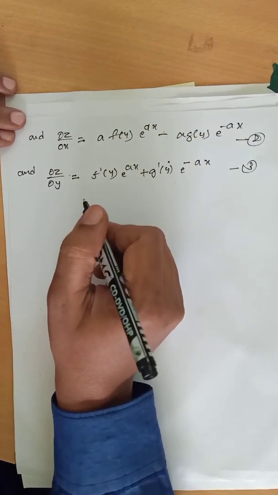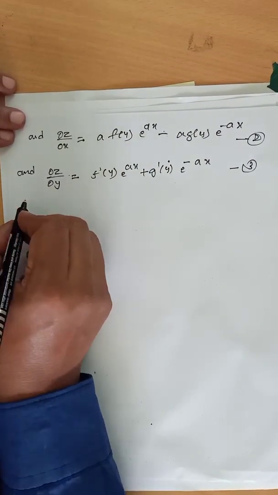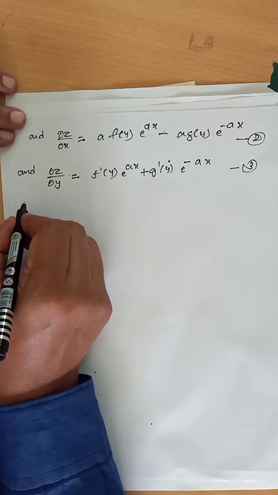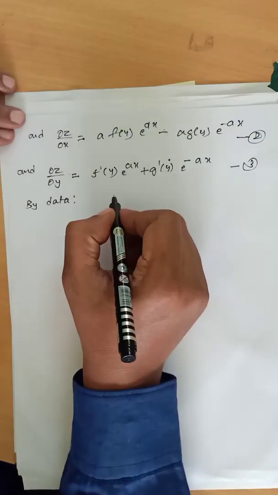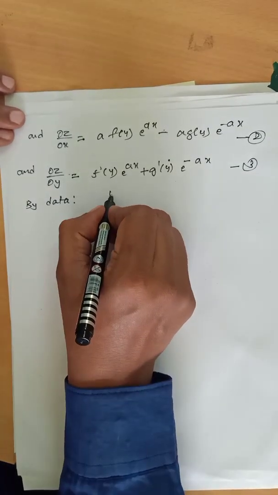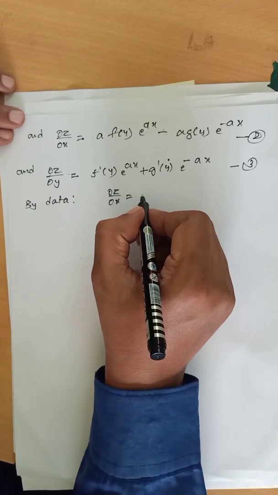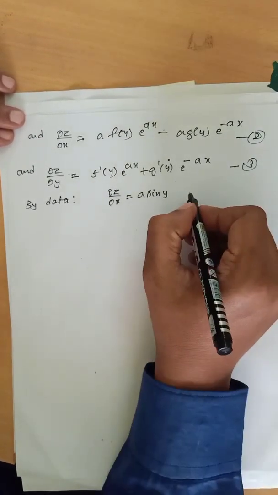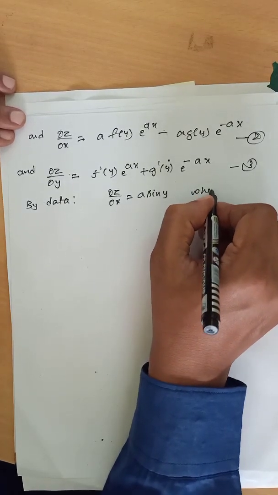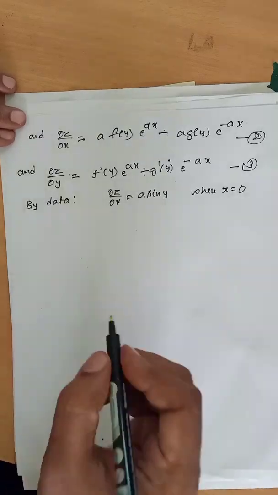So we have ∂z/∂x and ∂z/∂y. Now apply the conditions given by the data. The first condition says ∂z/∂x = a sin y when x = 0.